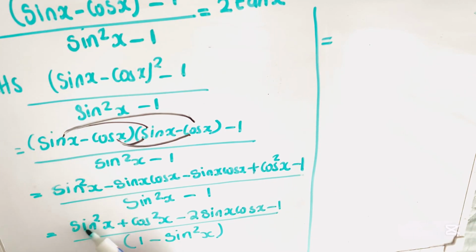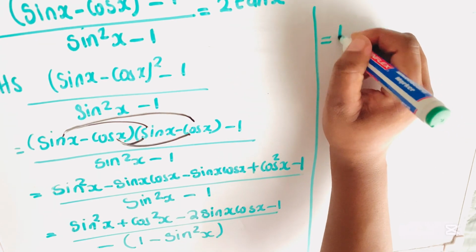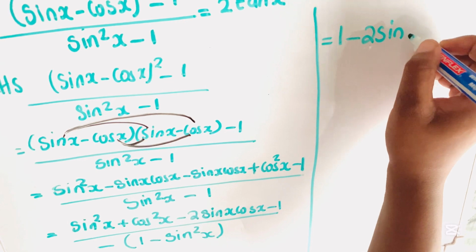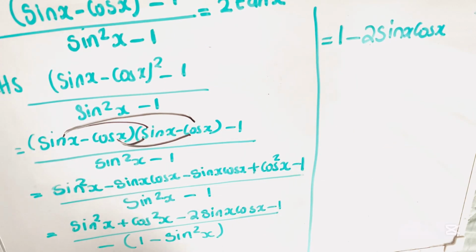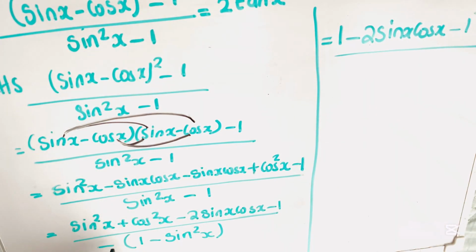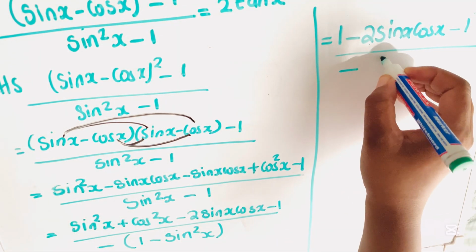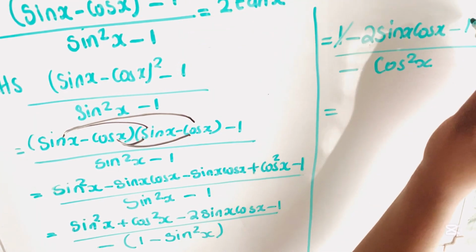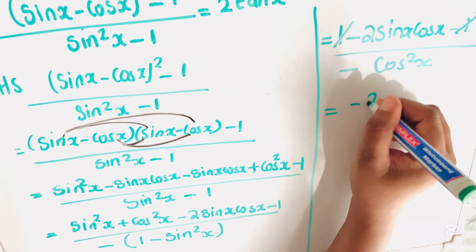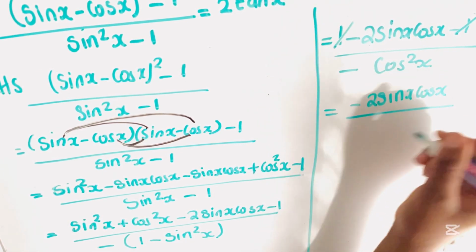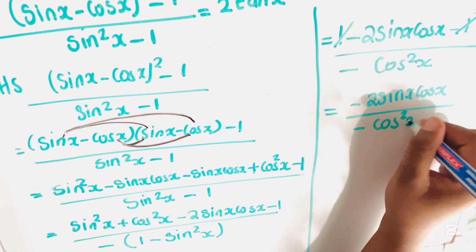Sine squared x plus cos squared x is the identity, 1, minus 2 sine x cos x, we keep the minus 1, divided by negative, we said 1 minus sine squared x is the same as cos squared x. 1 minus 1 is 0, therefore in the numerator we'll have negative 2 sine x cos x divided by negative cos squared x.